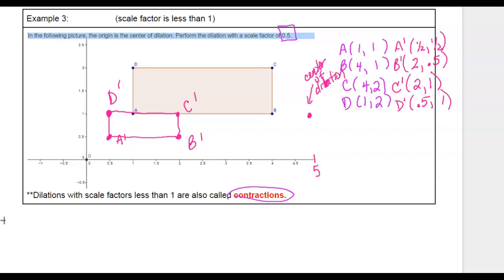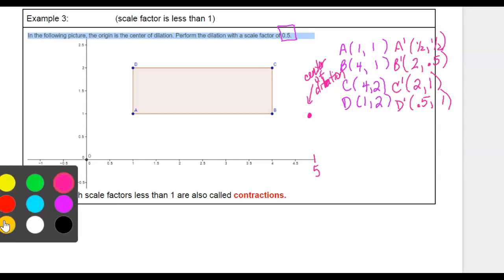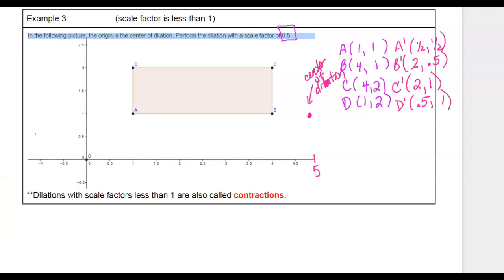Okay. So I'm going to go ahead and erase this so we can have a fresh slate. Now, when I change that center, it does get a little trickier. And we'll keep the same thing, we'll just say 1/2.